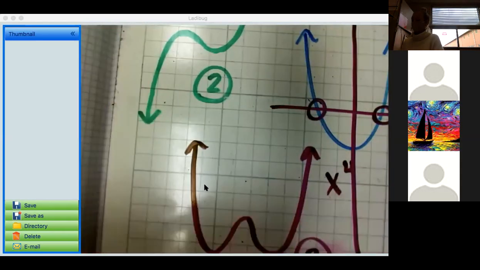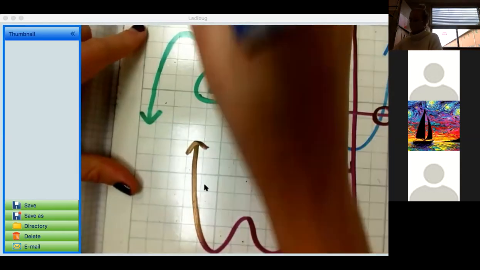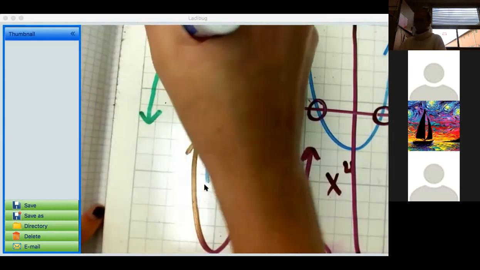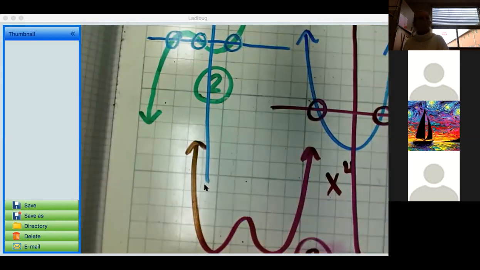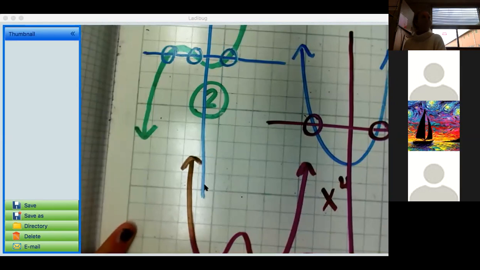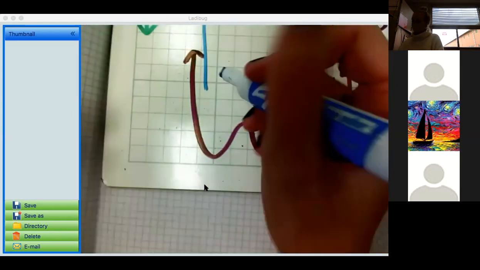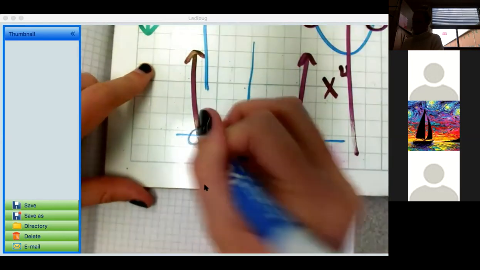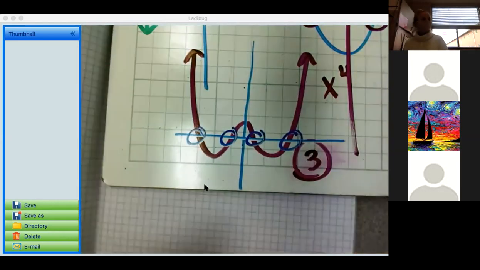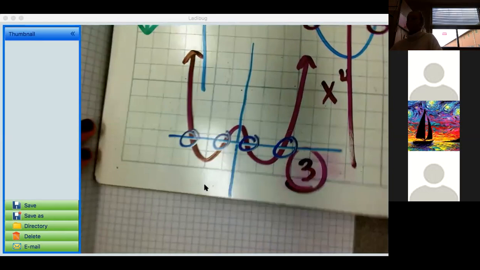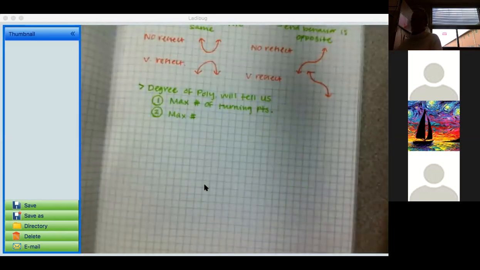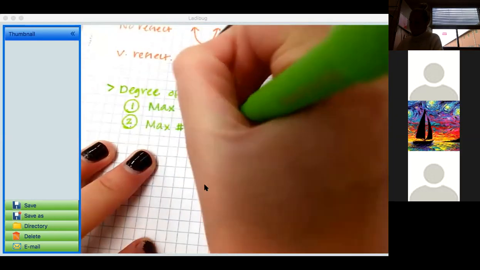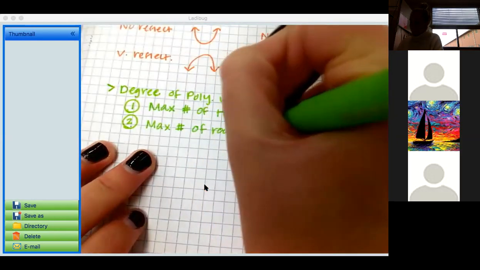So look at the cubic function. What's the maximum number of roots? 3. Look at your quartic function. What's the maximum number of roots? 4. So it will also tell you the maximum number of roots, or x-intercepts.